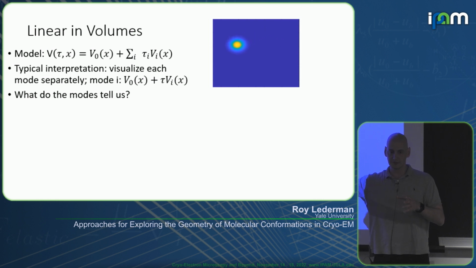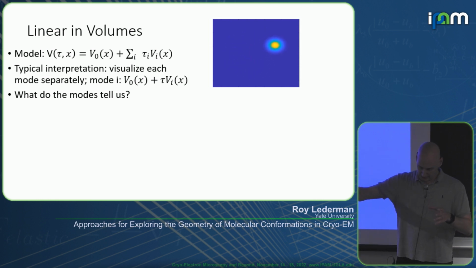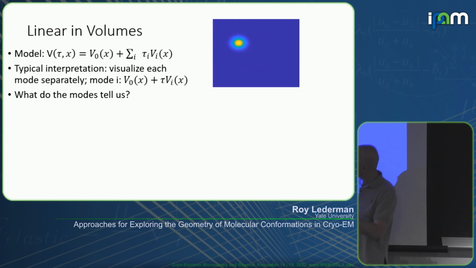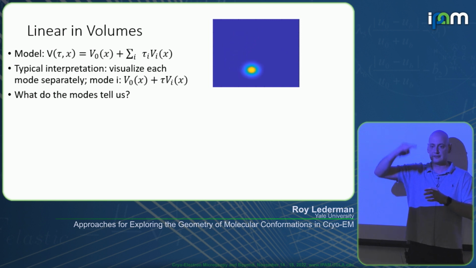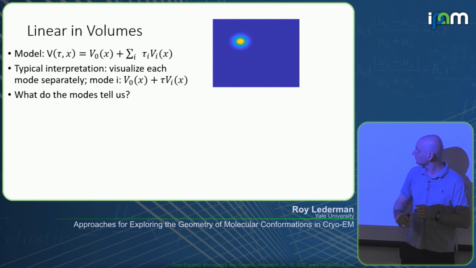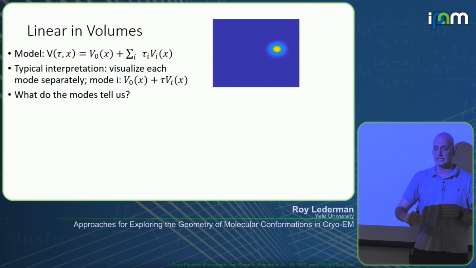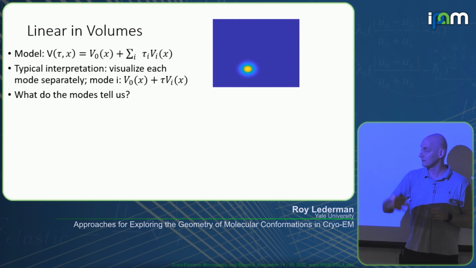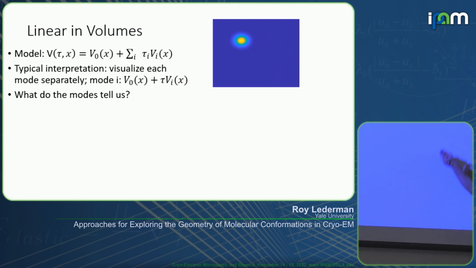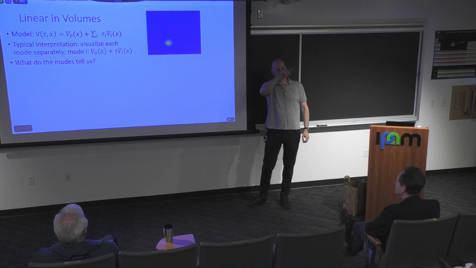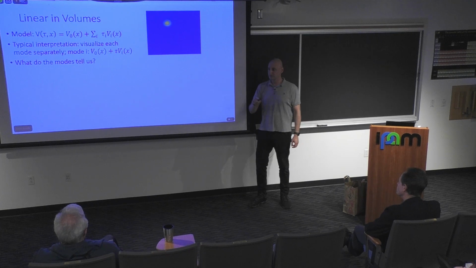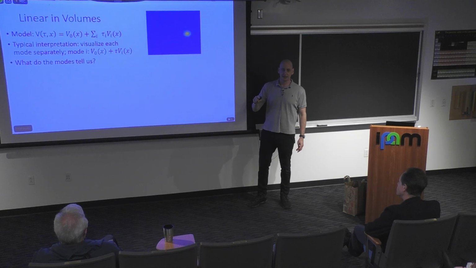So you get several different principal volumes, and you look at each one and you take this average plus some kind of scaled version of each principal volume. So let's look at a very simple experiment. We have this mass that's going around in circles. What do you think is going to be the principal components of this?